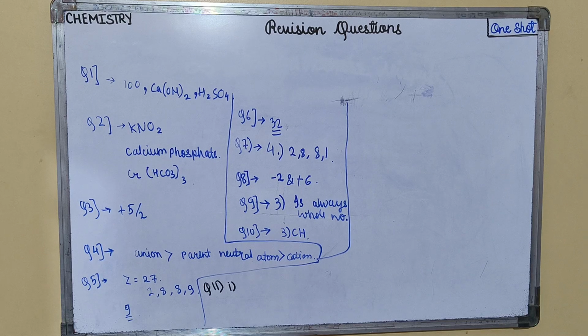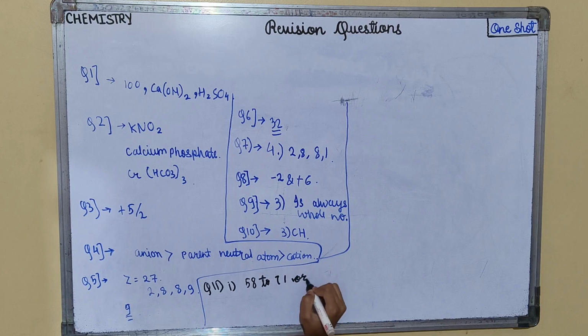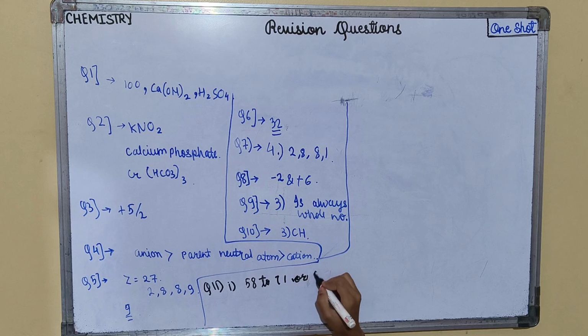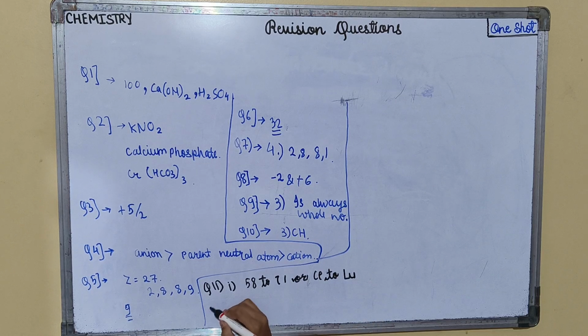So answer is 58 to 71 or cerium to lutetium. Second question is the lightest metal in the periodic table is. So answer is lithium.